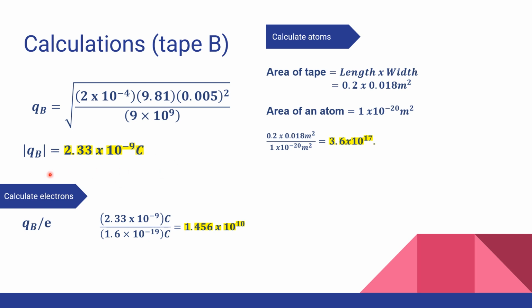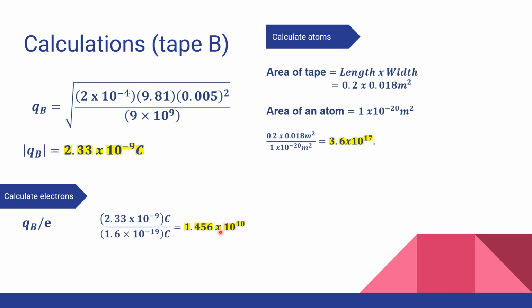Now we want to calculate the number of electrons, and what we're going to do is divide the charge of tape B by the charge of an electron, and it gives us 1.456 times 10 to the 10th power.